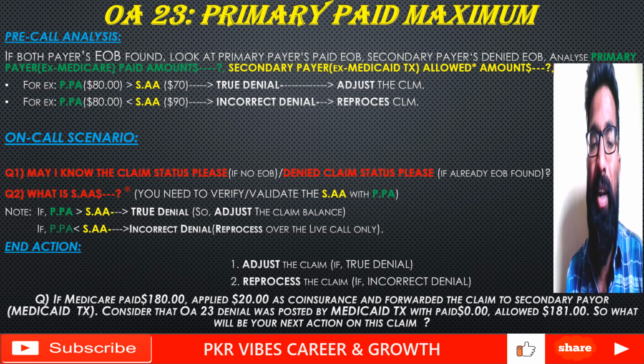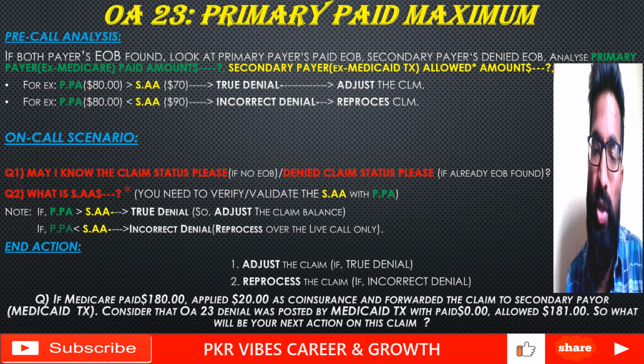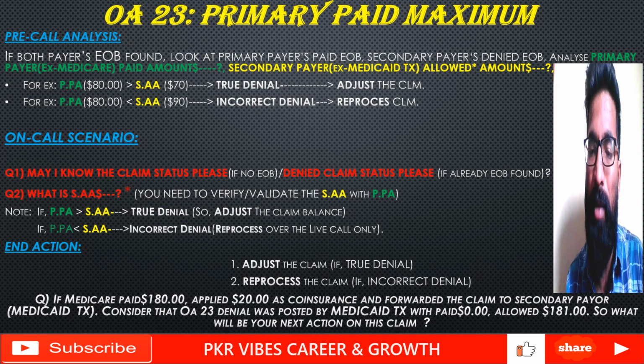So guys, I have one small question here. If Medicare paid $180, applied $20 as co-insurance, and forwarded the claim to the secondary payer Medicaid Texas, consider that an OA 23 denial was posted in your software by Medicaid Texas with paid amount $0.00 and allowed amount of $181.